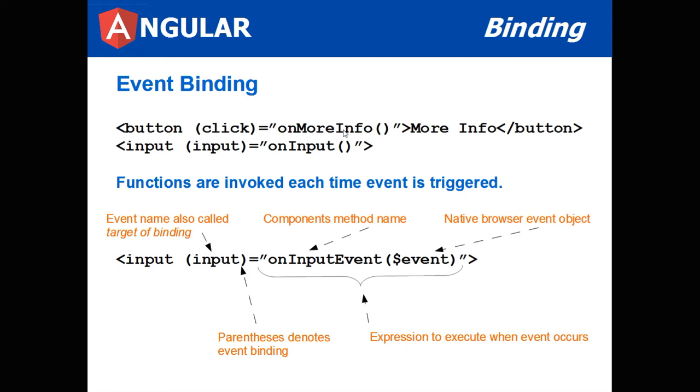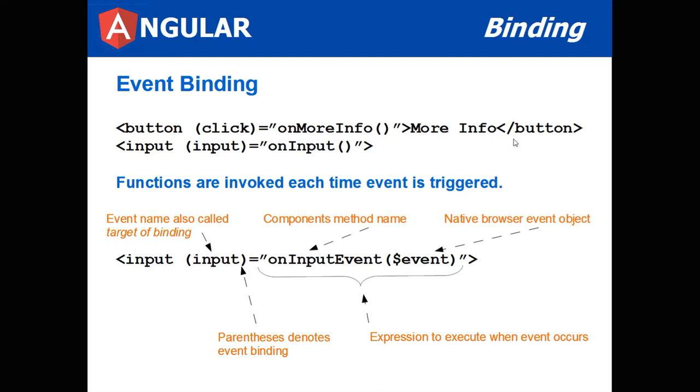But then again, it's a component template. Think of it as one component template, and you're building this thing that works. And Angular's doing all the stuff for you behind the scenes, all the magic. Also, you could have an input and say, well, when the input event occurs, invoke the onInput function of the component.